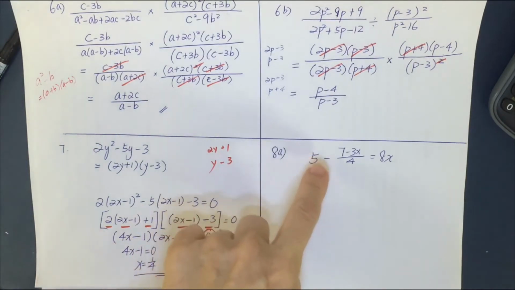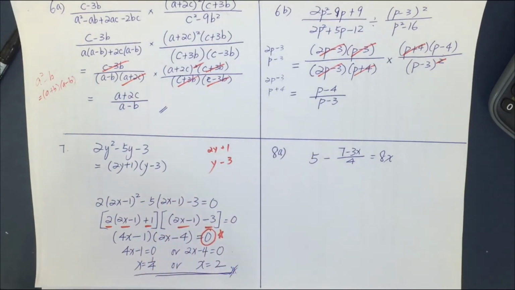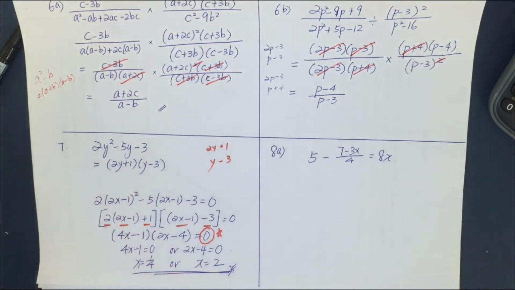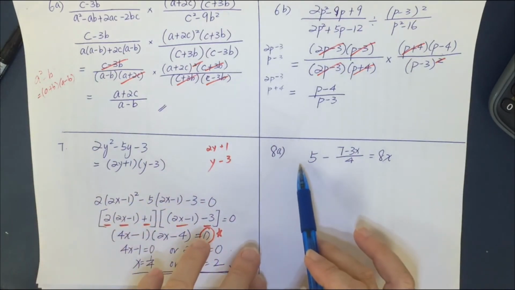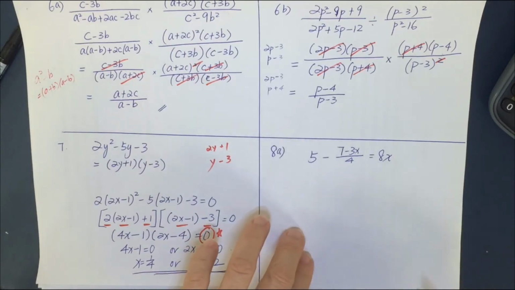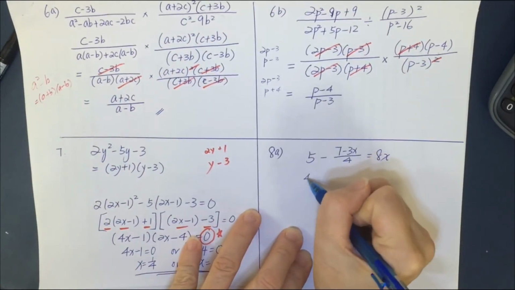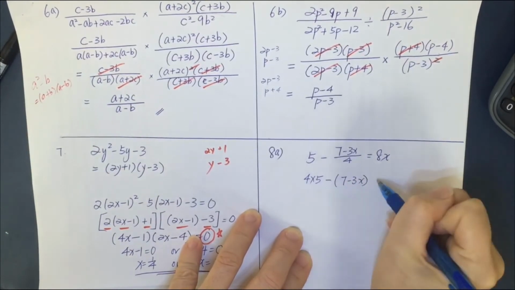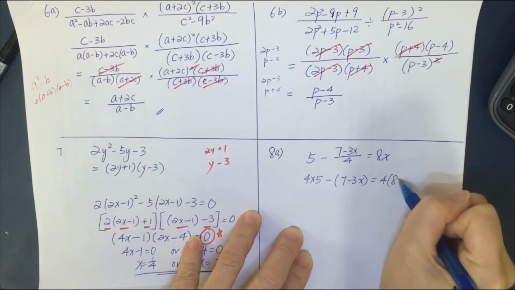The method is still the same. You have whole number, fraction, whole number. So we usually will remove the fraction. How do we remove the fraction? We multiply by the denominator. So the left hand side I times 4, the right hand side I times 4. When I have left hand side times 4, this is the distributive law. So the 4 will be distributed: 4 times 5 minus 7 minus 3x equals 4 times 8x.